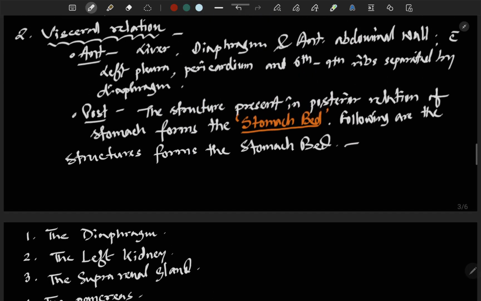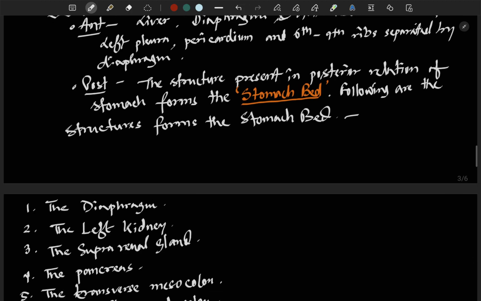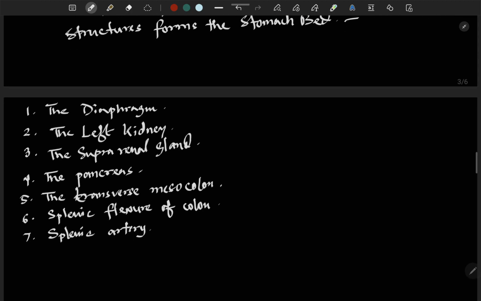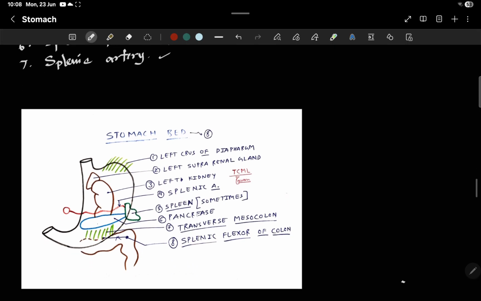Frequently the question is asked about the stomach bed. What is stomach bed? Stomach bed is the structure present in the posterior relation to the stomach. The structures of the stomach bed are the diaphragm, left kidney, suprarenal gland, the pancreas, the transverse mesocolon, the splenic flexure of colon, and the splenic artery. So this is the stomach bed. The left crus of the diaphragm, left suprarenal gland, left kidney, splenic artery, spleen.